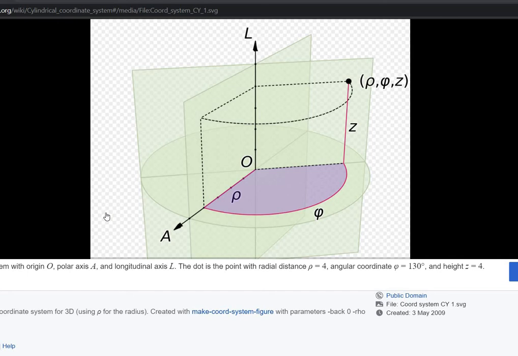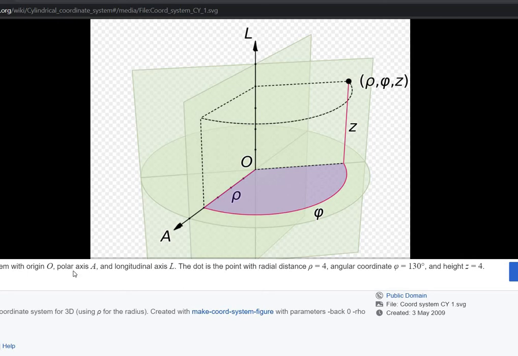First, the rectangular coordinate, that is x, y, z coordinate, which we have already discussed. Next is the cylindrical coordinate system, and the third one is the spherical coordinate system.